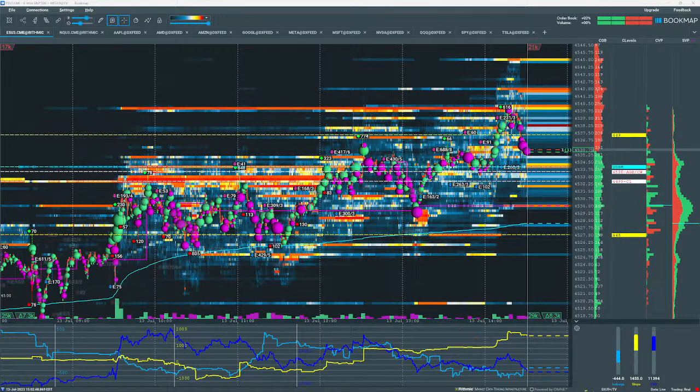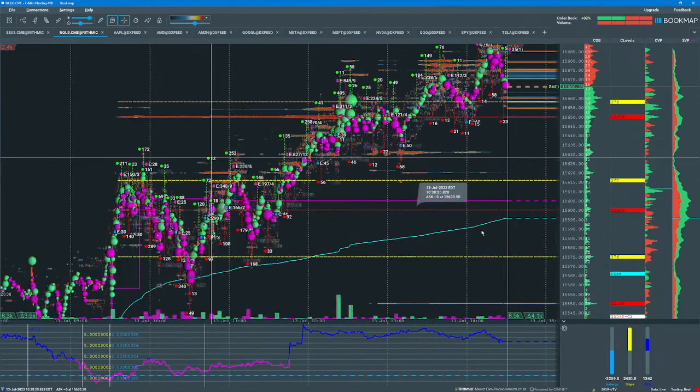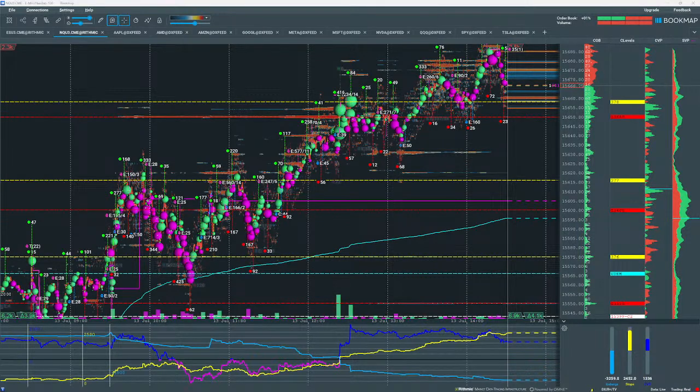We'll take a look at Nasdaq, and then we will take a look at Nvidia for both. Nasdaq continues to move higher, again fueled by buy stop orders, shown by the rising yellow line.